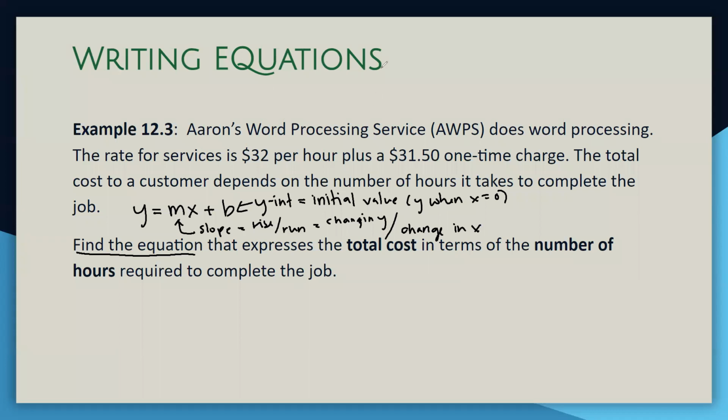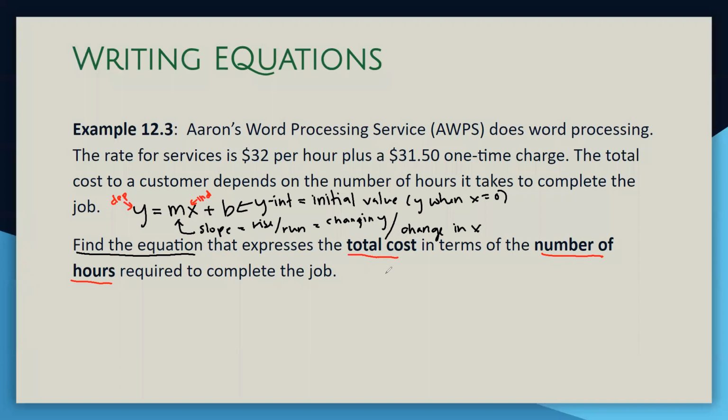So probably the first thing we should do is define x and y. We know that x is the independent variable, the thing we have control over, and then y is the dependent variable that changes in response. Our two variables are total cost and number of hours. As a customer, we have control over the number of hours.